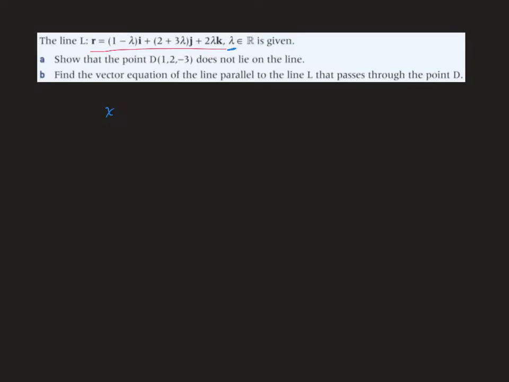So x is going to be 1 minus lambda, y is 2 plus 3 lambda, and z is 2 lambda because it's three-dimensional. We have 3 coordinates. And in principle, we need to show that it's not possible for this to be equal to 1 at the same time this being equal to 2 and at the same time this being equal to minus 3.